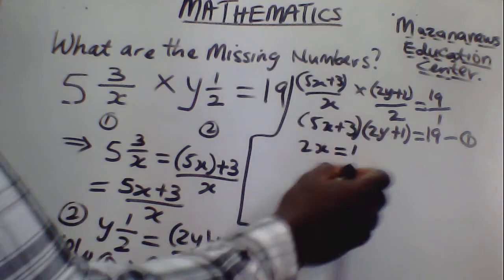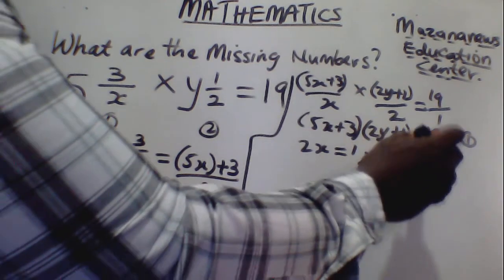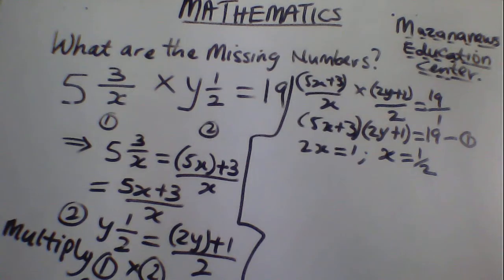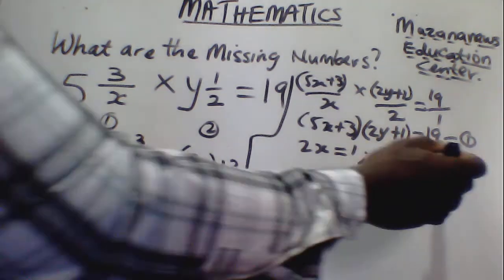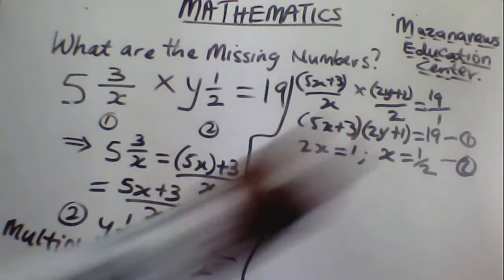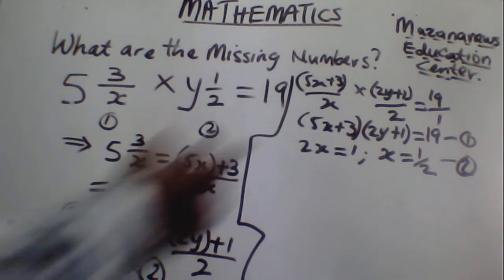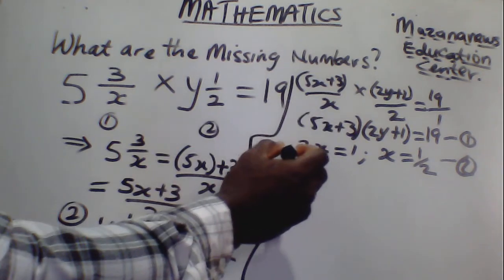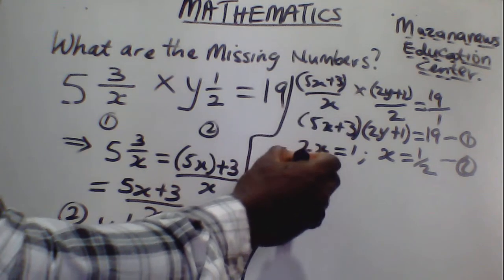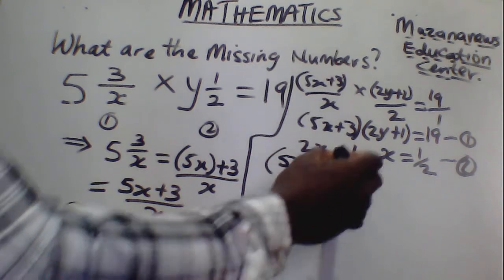2x is equal to 1, which means x is equal to half. So once you have the value of x, you can now substitute it in equation 1. Put equation 2 in equation 1 wherever you see x. So from here we have 5 times half plus 3.